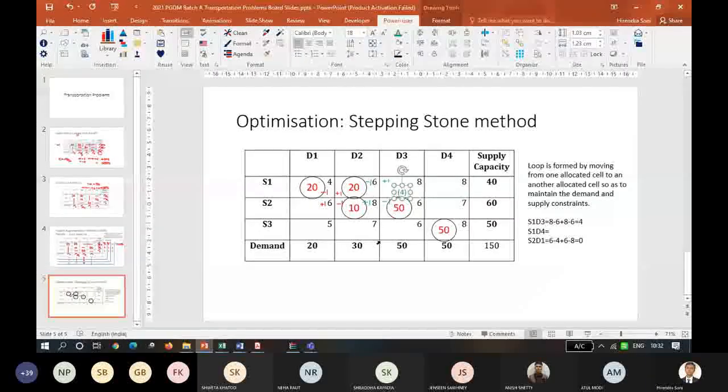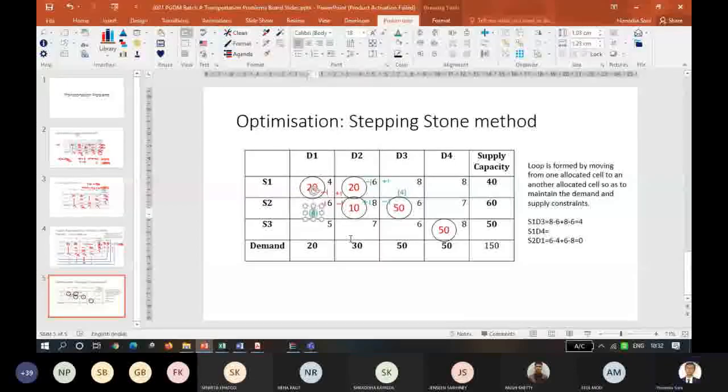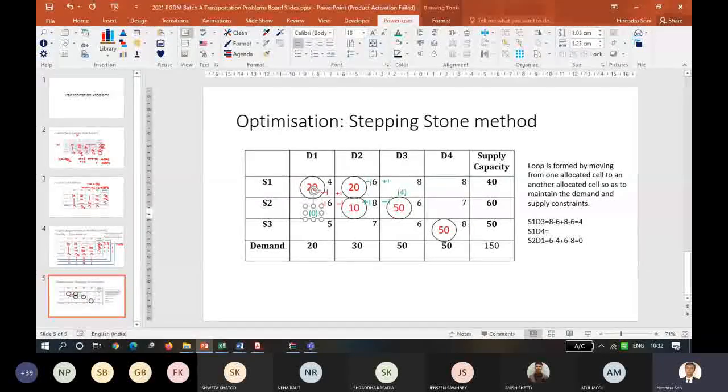Perfect. Will it help? Similarly, we did it for this also. We call this the opportunity cost. Here in this case, it was 0. Let me make it red so that you can make out the loop formation also.